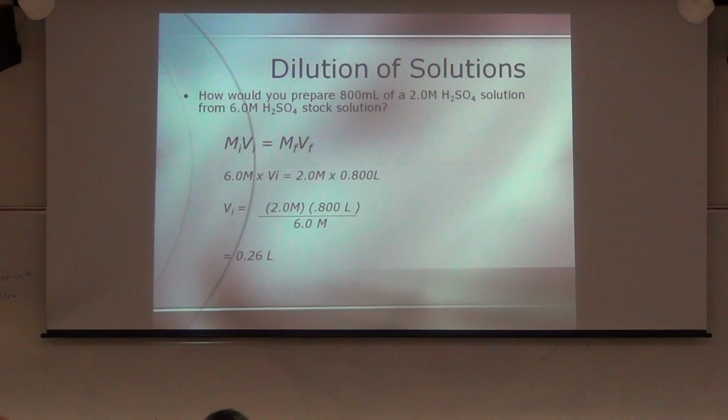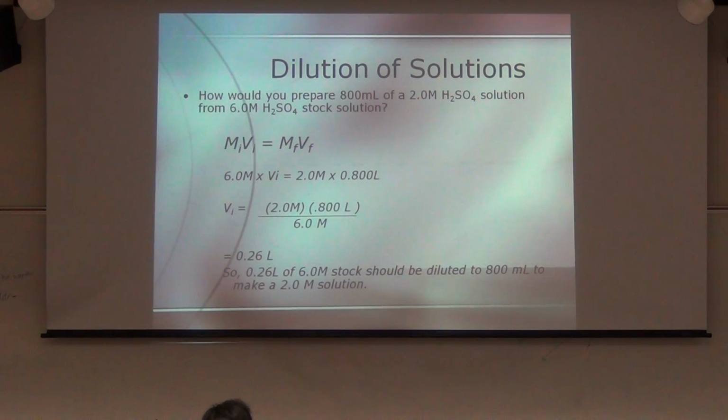So hopefully, Ryan, your work looks something like this, where we rearranged our M1V1 equation to solve for V1. 0.26 liters is the volume of the 6 molar solution that we need.